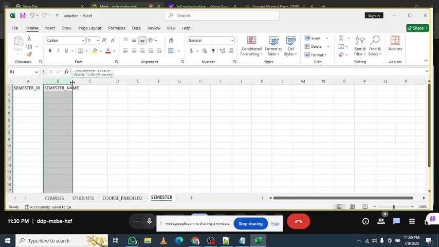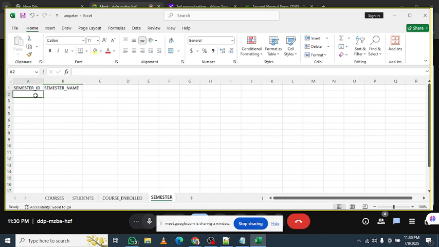For the year one, semester ID, I can say this should start from 1020. I'm trying to make sure that the IDs, the primary keys, are unique, at least using a different kind of interval. You see that? Now for the semester, I can say first semester one. This shall be what?